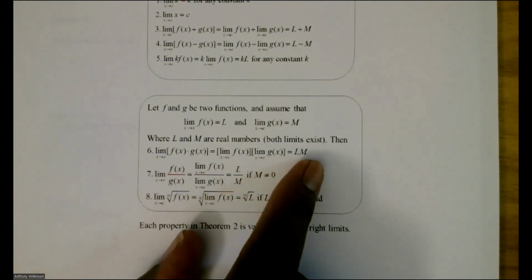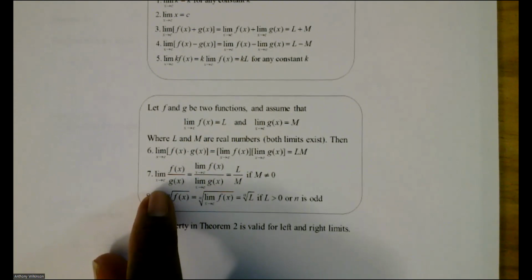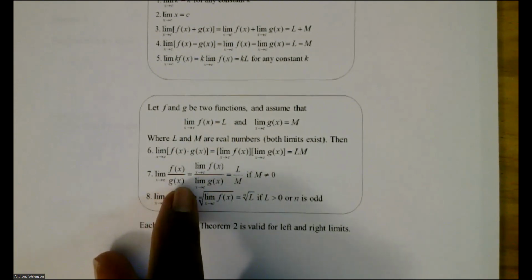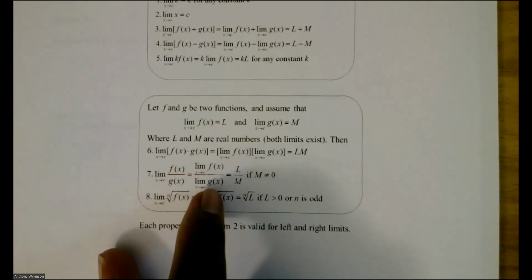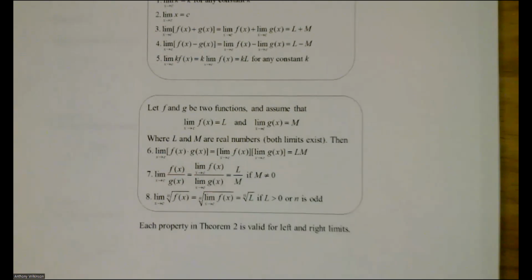So it ends up being L times M. And this also works for division as well. The limit as x approaches some constant of f of x divided by g of x, we can take the limit of the numerator over the limit of the denominator. So it'll be L divided by M, provided that M is not equal to 0.